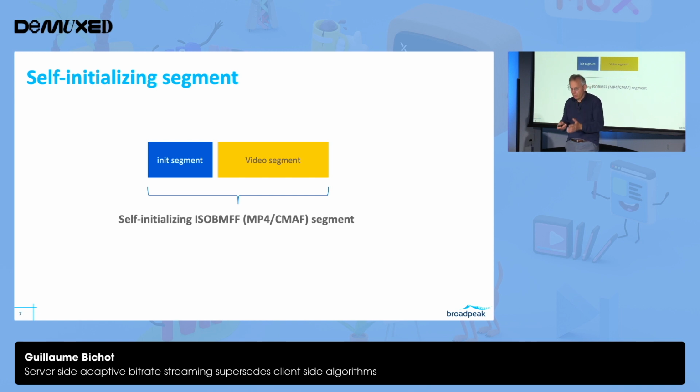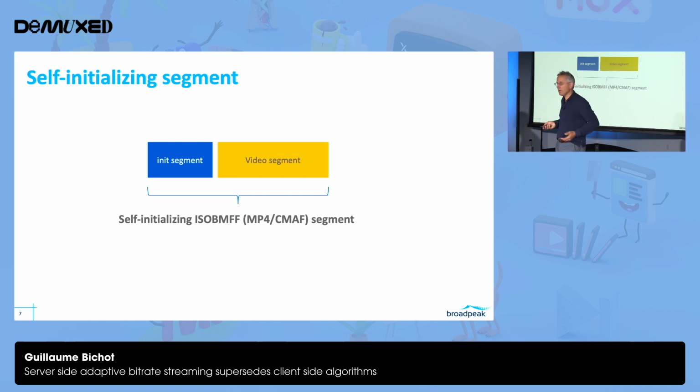It will serve the segment, but in another quality. So in order to avoid problems on the decoder side, we prepend the right init segment. It's called a self-initialized segment, and the player doesn't know exactly what's going on. It doesn't receive exactly the quality that it asked for, so not exactly the same bit rate. But anyway, its objective is to feed the decoder as soon as possible, right?